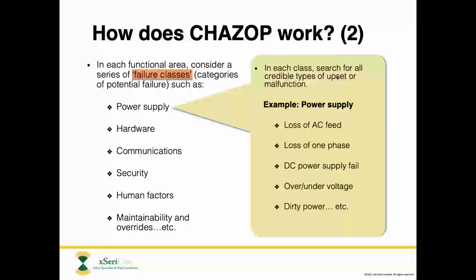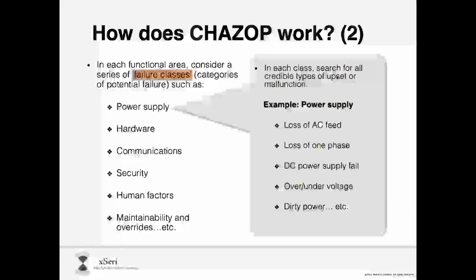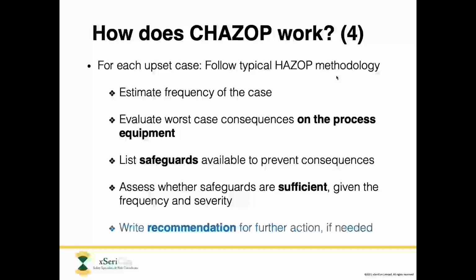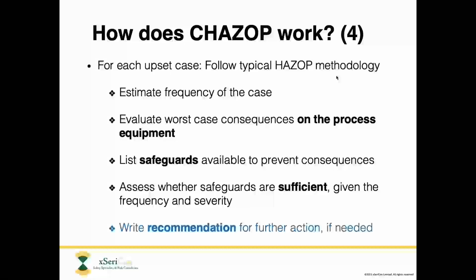And to go through each of those, we can follow through a checklist, which, as I mentioned earlier, has some what if questions. So that will be, for example, what if the AC power feed to this functional area is lost? And then there will also be some yes/no questions. So let me show you just a few examples.